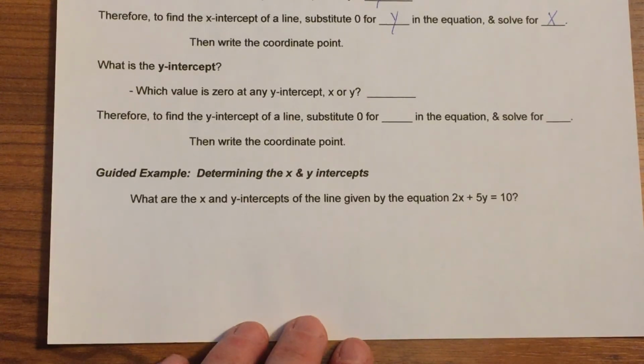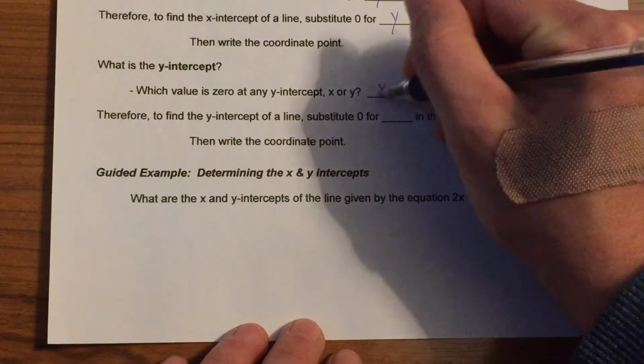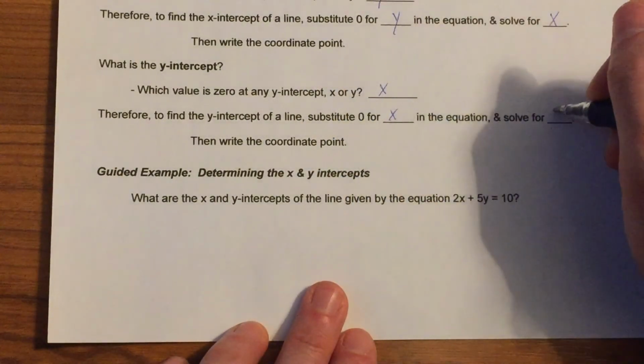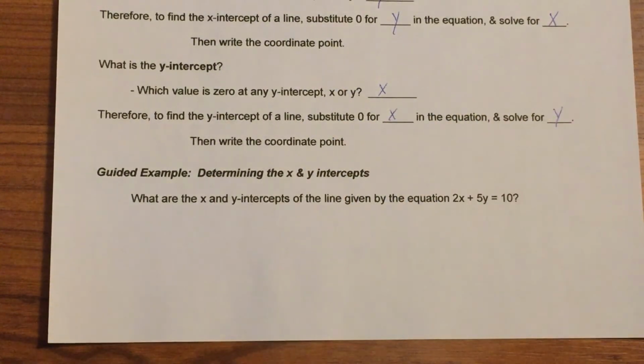Likewise, it's the reverse for the y-intercept. The x value has a value of 0, and we'd be solving for y. And the same thing, a y-intercept is on the y-axis. So picture the y-axis in your head, the vertical axis. If a point is on that y-axis, the x-coordinate must be 0.